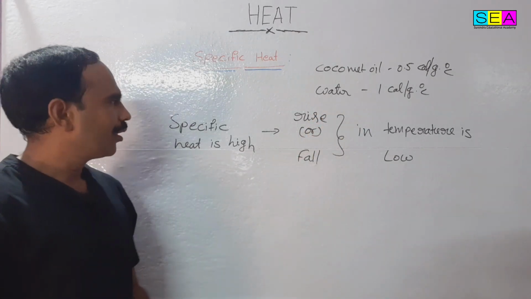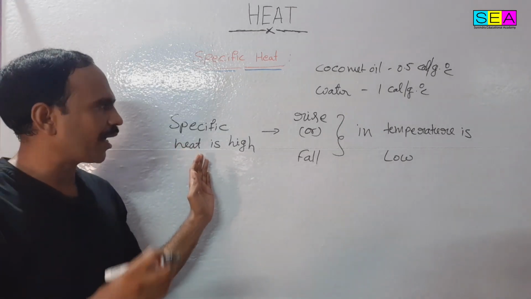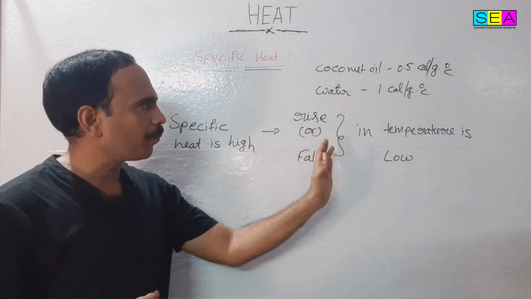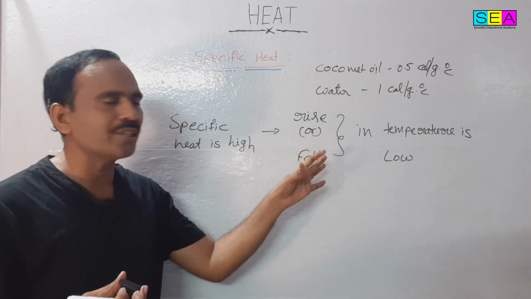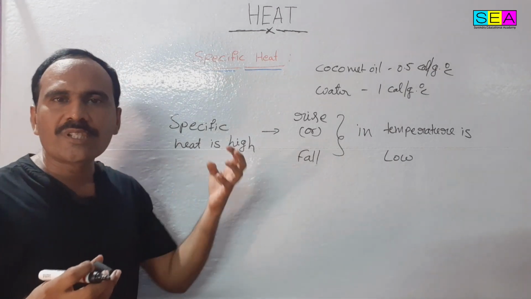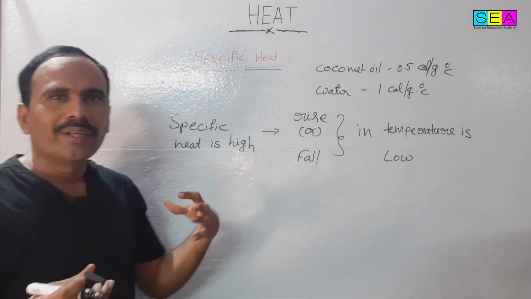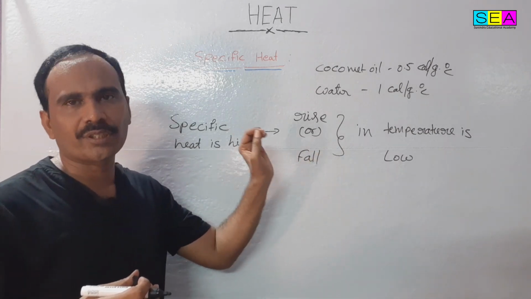So clearly understand it. If an object's specific heat is high, it can gain or lose heat energy slowly. If one object's specific heat is low, it can absorb or lose heat energy faster.